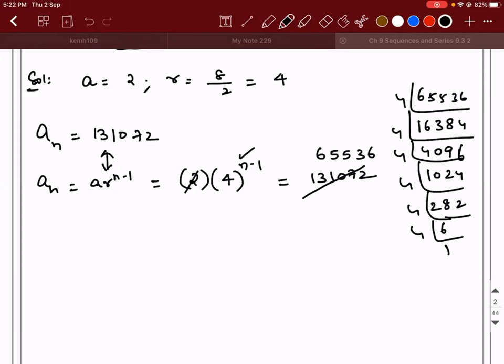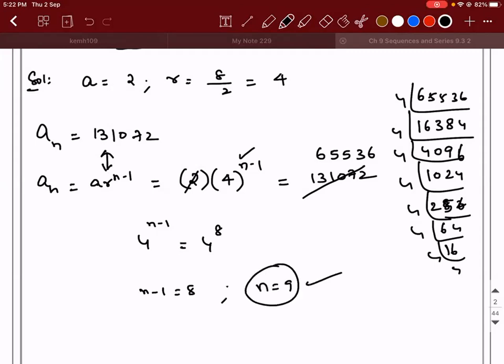Guys, somebody would have done this. Tell me what is it? So 256. Yes, sir, 256. It's not 282, it's 256. Okay, 256, 64, 16, 4, 4. 1, 2, 3, 4, 5, 6, 7, 8. So 4 power n minus 1 is 4 power 8. So n minus 1 will be 8. So it is the 9th term which is going to be this one. Correct?